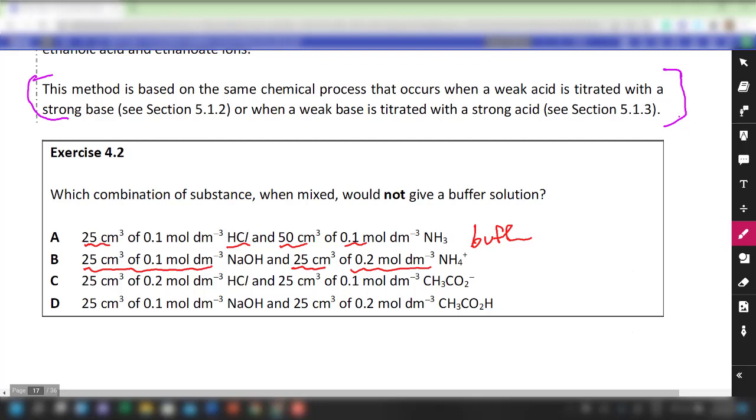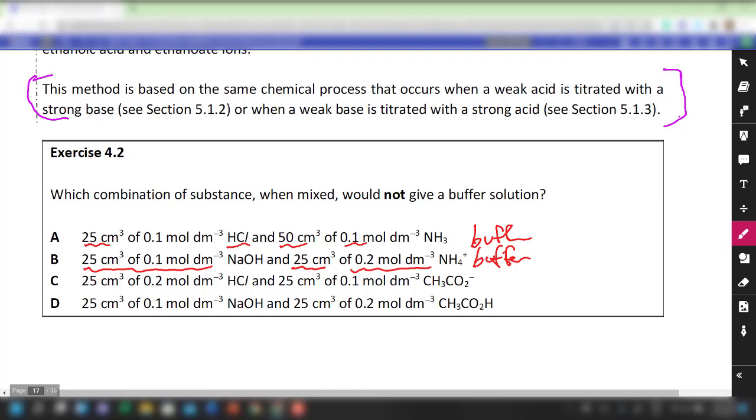Again, I'm going to produce a substantial amount of ammonia in the process, but there is still a substantial amount of ammonium left behind. If you are sharp enough, you can tell that this is also sort of like a 1-to-1 ratio. So this will also be a buffer. Okay, if you need to perform the calculation, please do that. If not, you can just look through the options and then decide which is the correct option to pick.